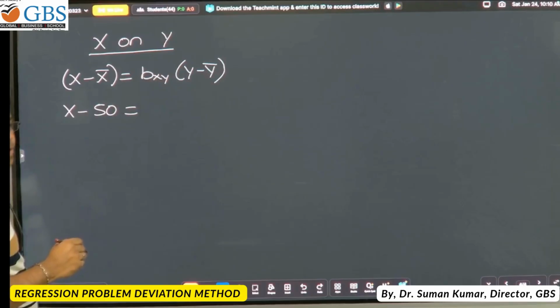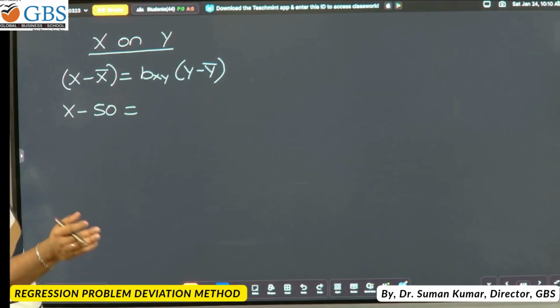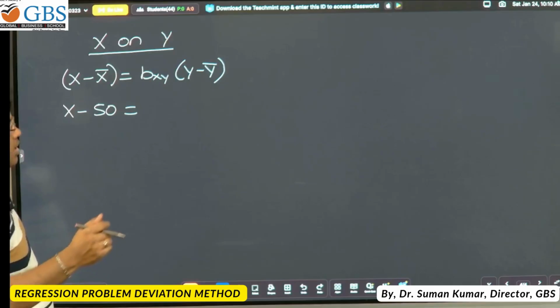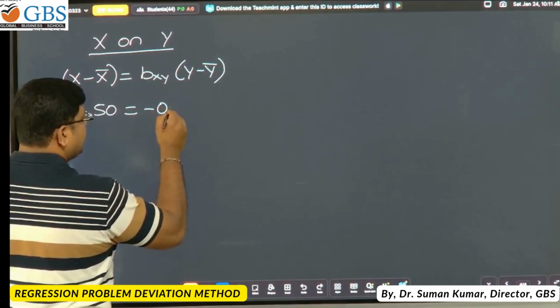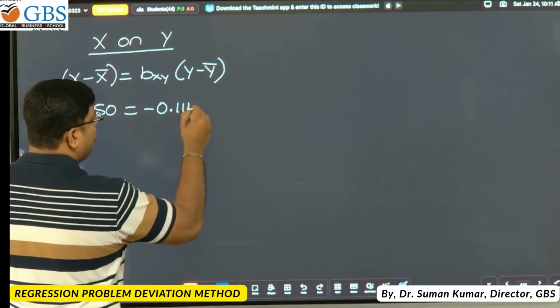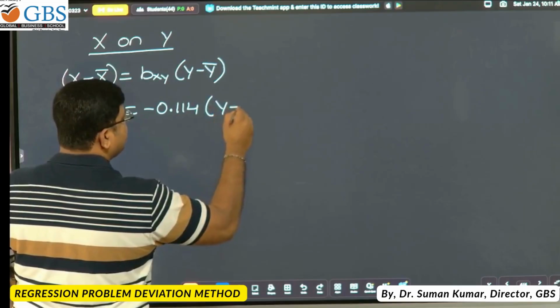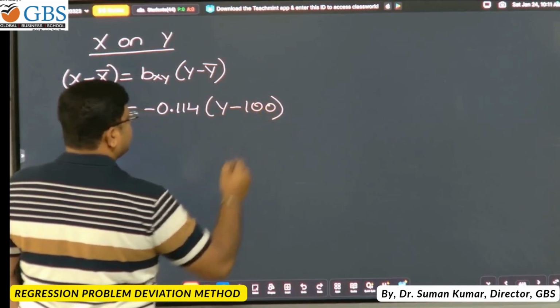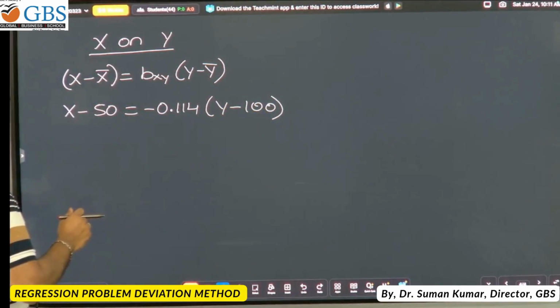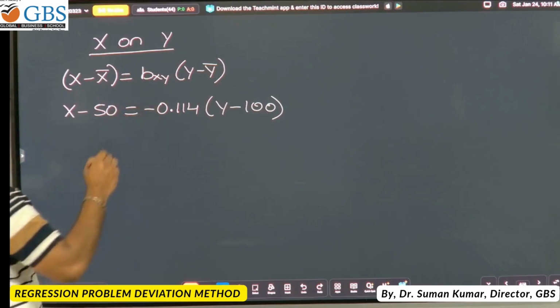Bxy we found out, correct? What is the value of bxy? Minus 0.114 into y minus y bar, which is 100. Now, please listen. Afterwards, write down. First, how to solve this? Please listen, everyone.